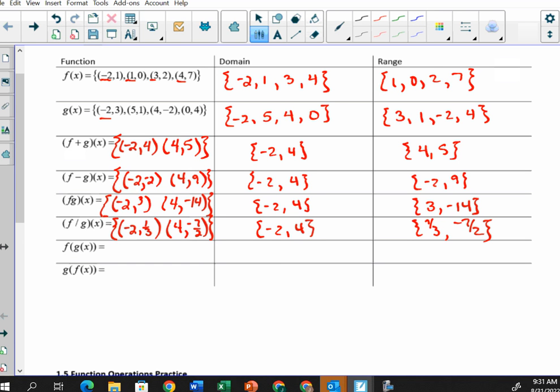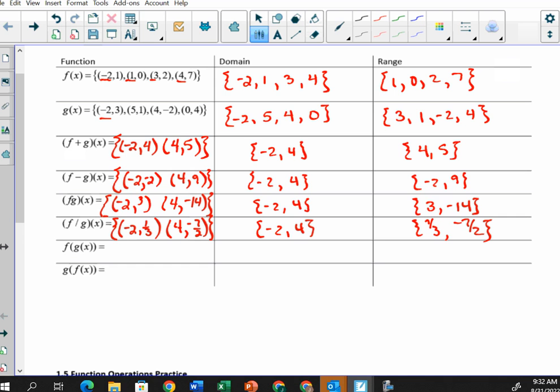I take that 3 then into the f of x function. Is there an input of 3 here? Yes. And what is that output? 2. So the point is original input, final output. Again, not bad, but kind of looks like wizardry.